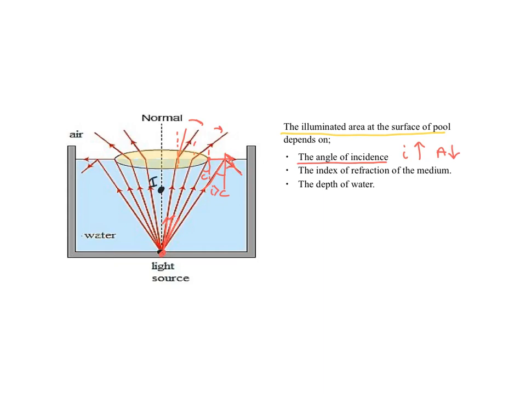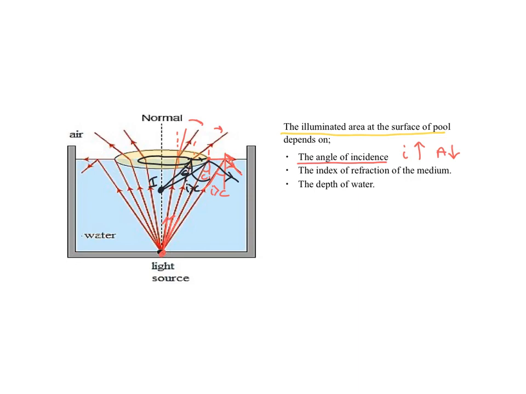So this ray coming to the critical angle point will have an angle bigger than the critical angle, so it will be reflected back inside. So the critical angle will be somewhere here, so it will make the illuminated area smaller.